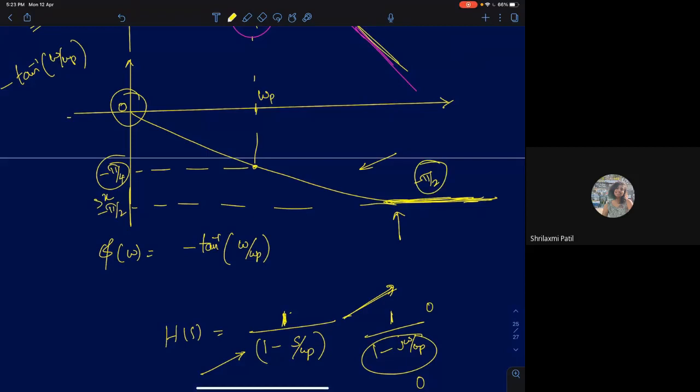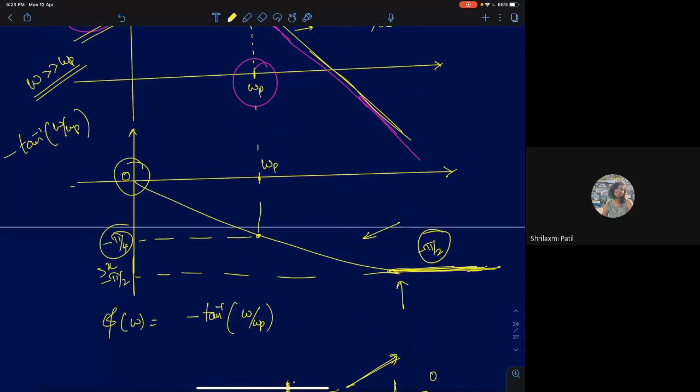Okay? So what it means is, for example, if I feed a sine wave A cos omega naught t, let's forget about the amplitude. Omega naught is much greater than omega p. Using this condition, omega naught much greater than omega p, generally that will be a decade away.